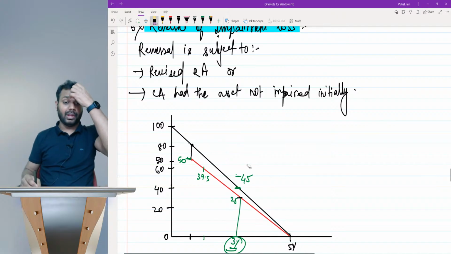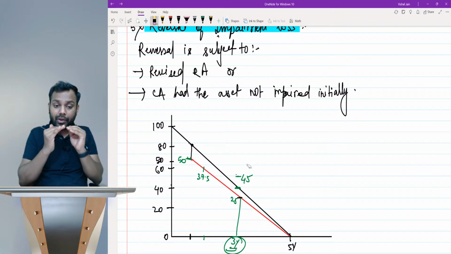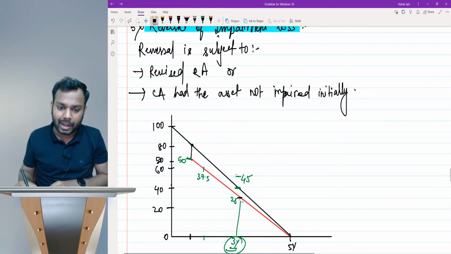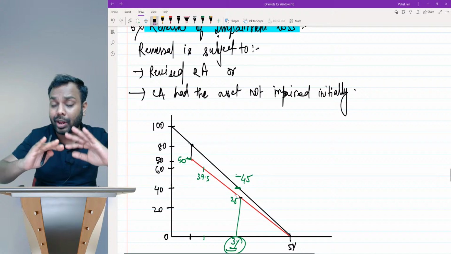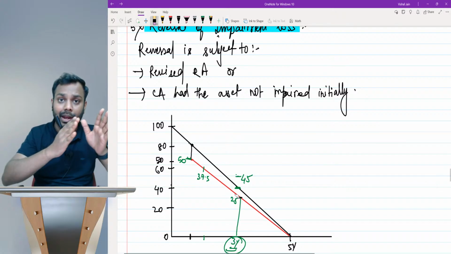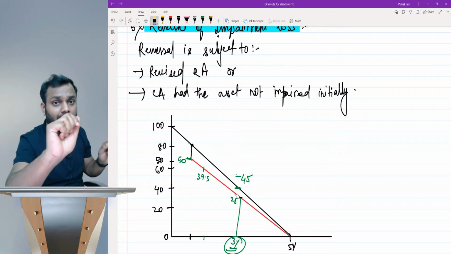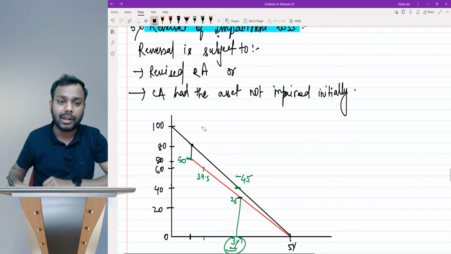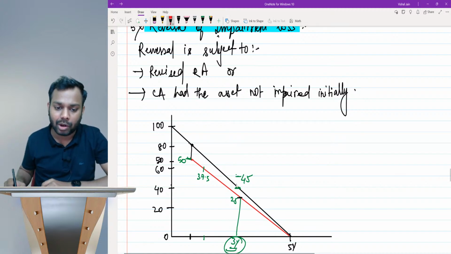What the standard says is that reversal means you can only reverse things. Whatever bad happened, you have to erase it. You cannot bring some good fortunes along with you. So if you are reversing your impairment loss, the max you can do is come back here.